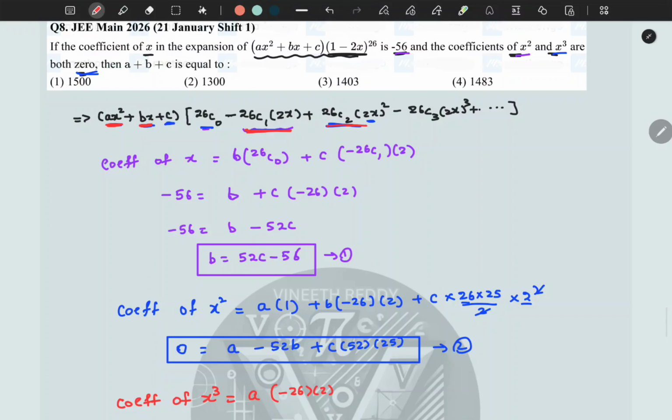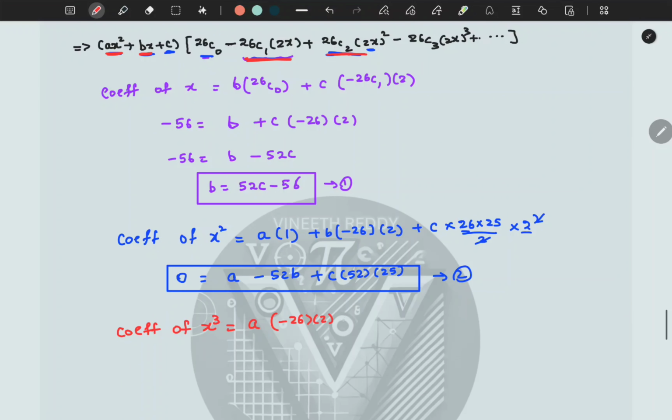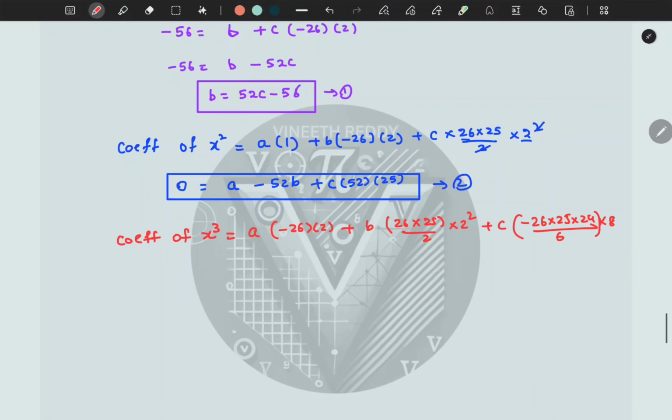Then we can multiply bx with this, so we get plus b into 26c2, which will be 26 into 25 divided by 2, into 2 square. And then we can even multiply this constant with this term, so we get plus c into minus 26c3, which will be minus 26 into 25 into 24 divided by 3 factorial, that is 6, into 2 cube, that is 8. Okay, I hope you have understood this.